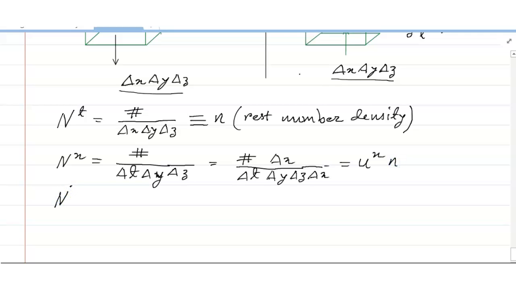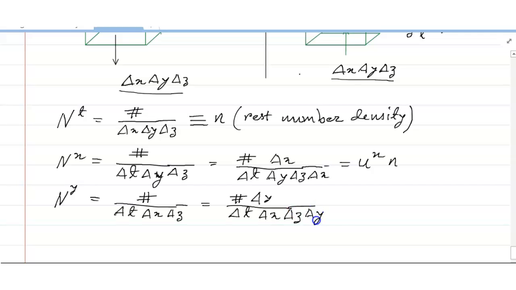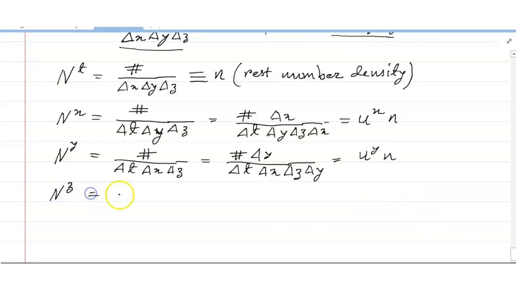Ny can be written as the number of particles divided by del t into del x into del z, equals del y divided by del t into del x into del z into del y, equals uy into n, and nz can be written with del t, del x into del y.